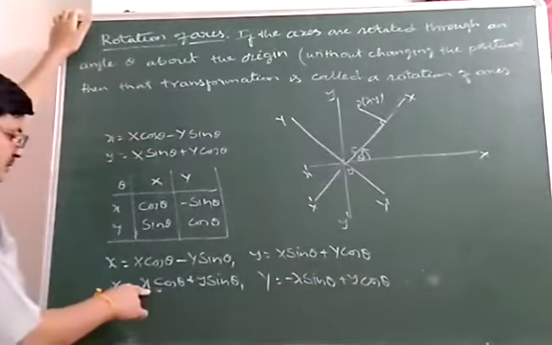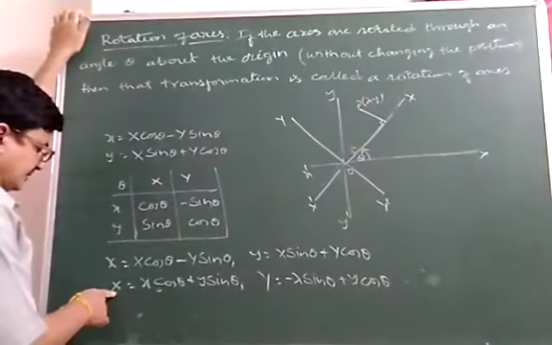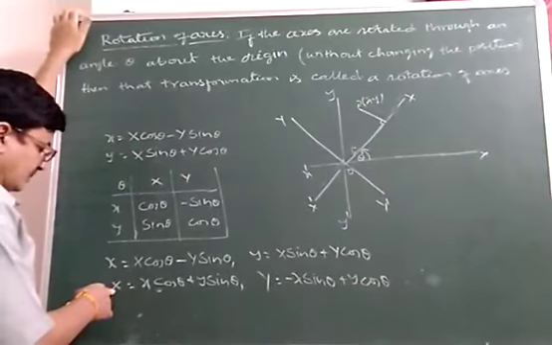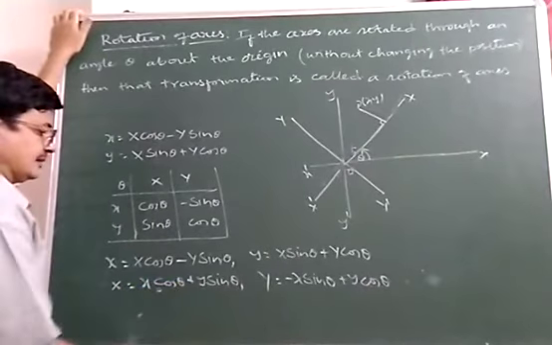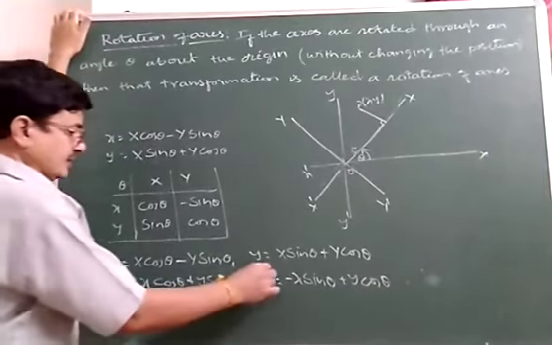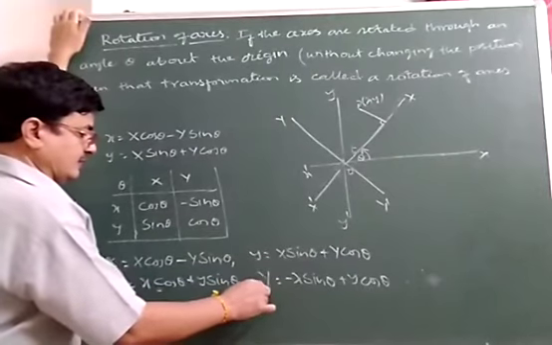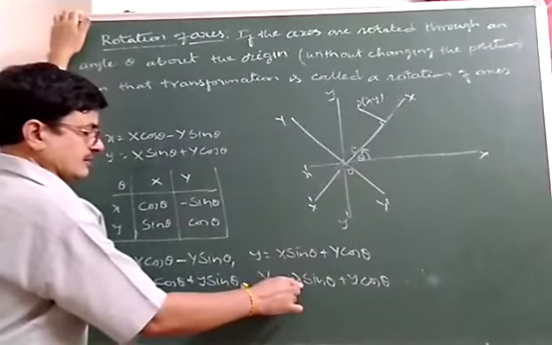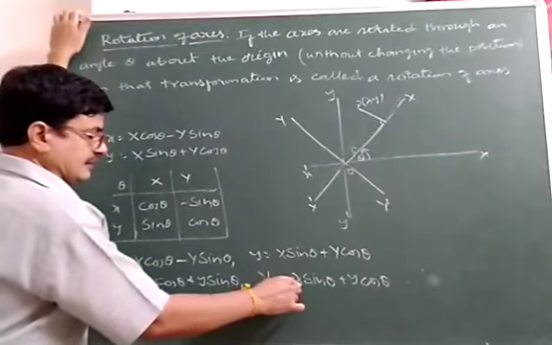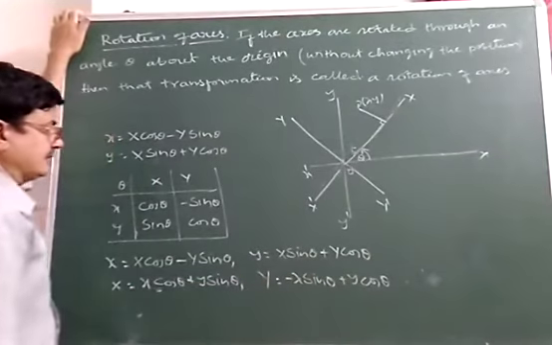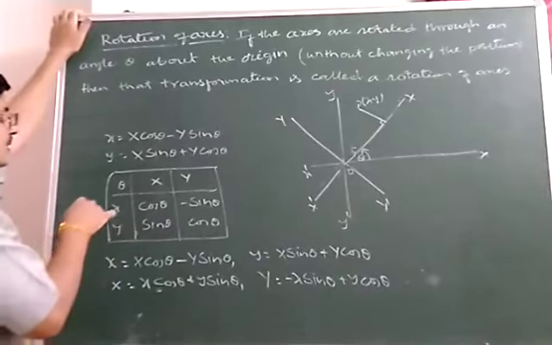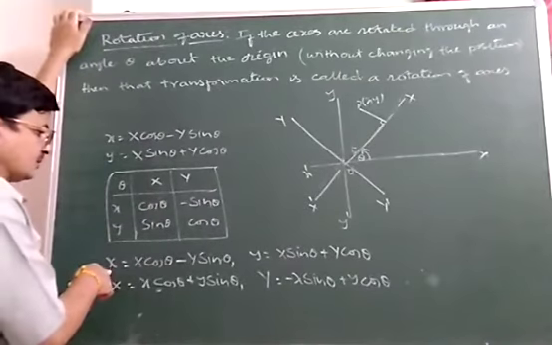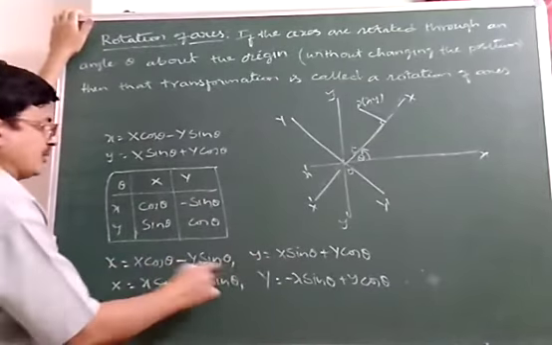This is the inverse form. Capital X, the transformed coordinate, is x cos theta plus y sin theta, and the transformed coordinate capital Y is minus x sin theta plus y cos theta. This is a very useful table for remembering the values of small x, small y, and capital X, capital Y.